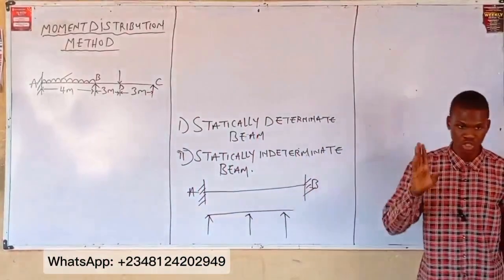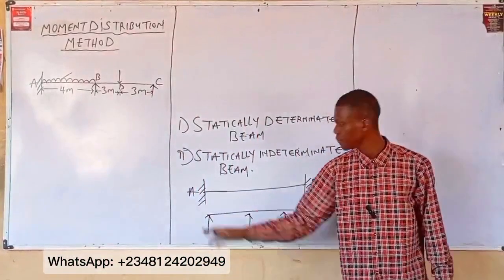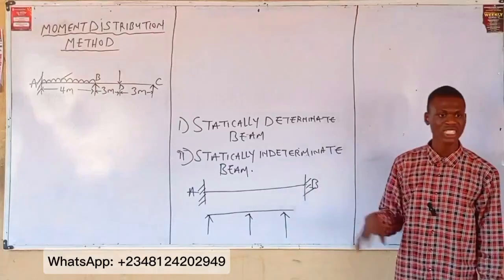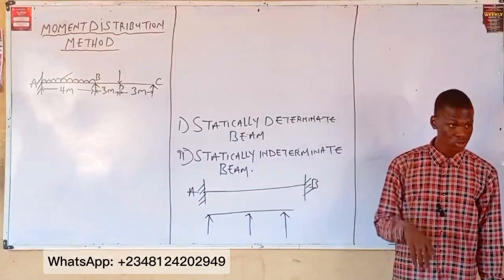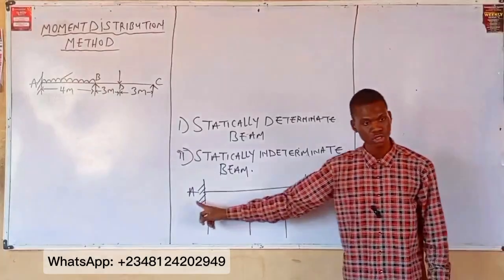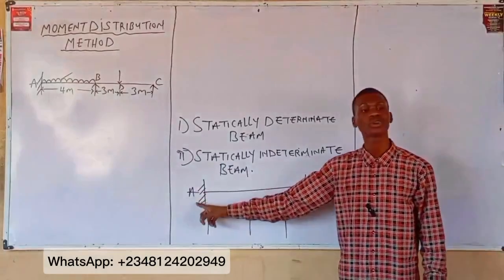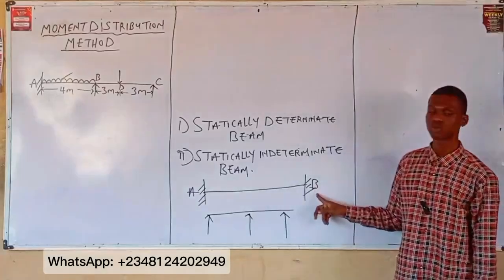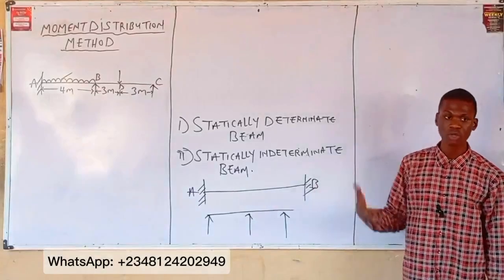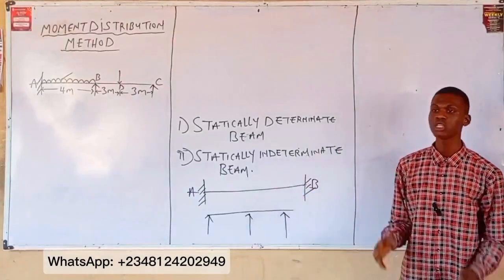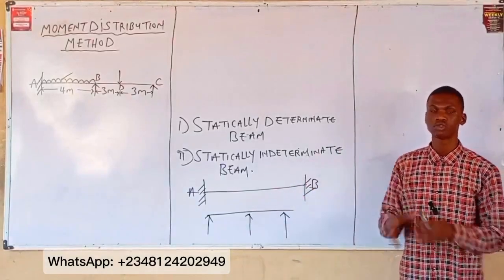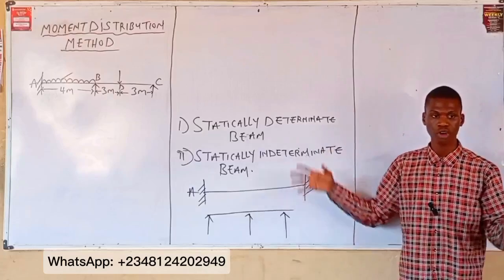The first one is due to the support, meaning the fixed supports at A and B, while the second one is due to the vertical loading. Then your final bending moment diagram becomes the addition of the two.